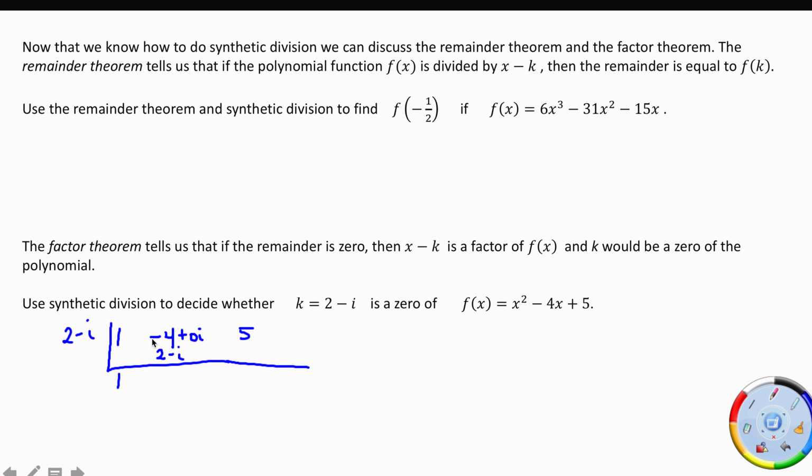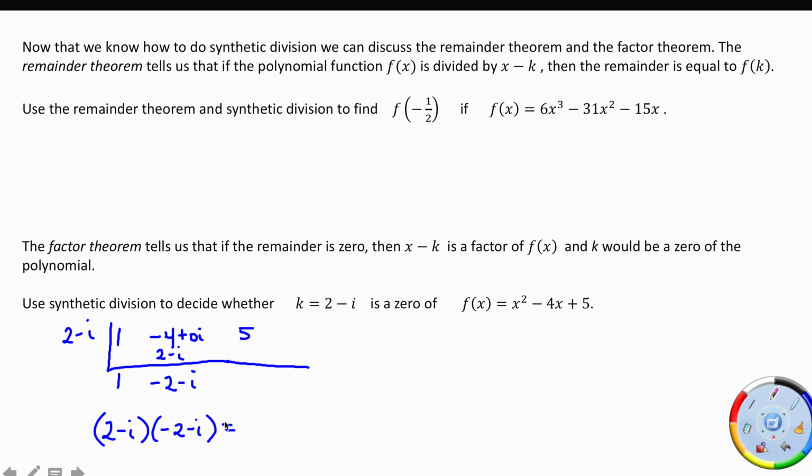And I add the real number parts and the imaginary parts, giving me negative 2 minus i. So now I've got to multiply again and put it right here. Well, I may have to come down here and see what 2 minus i times negative 2 minus i is.